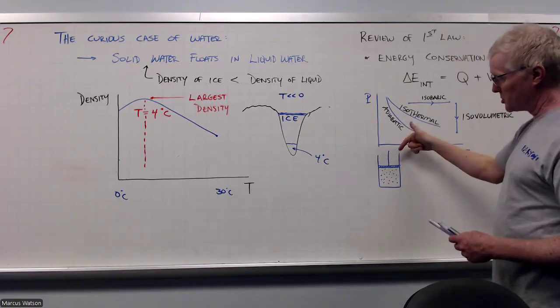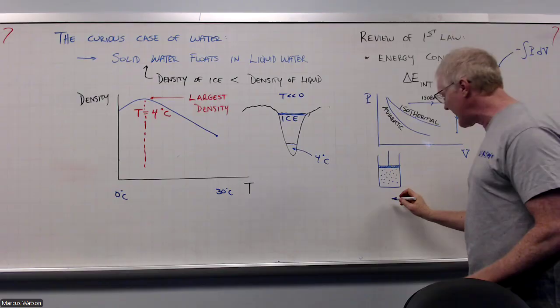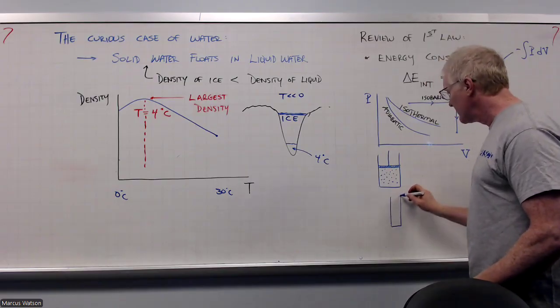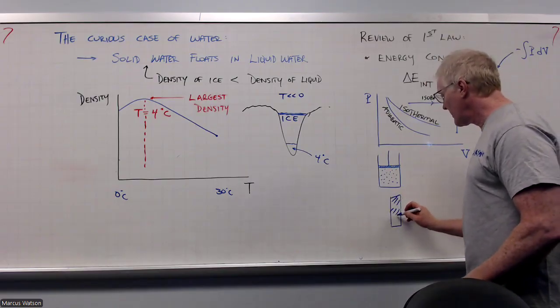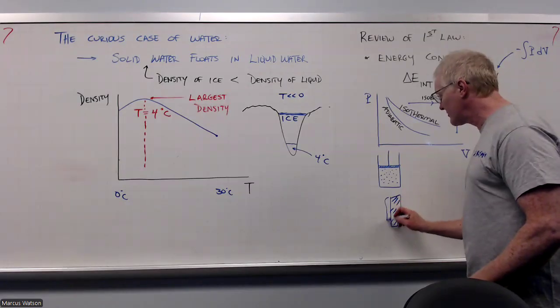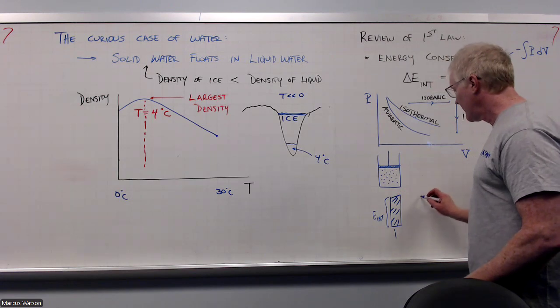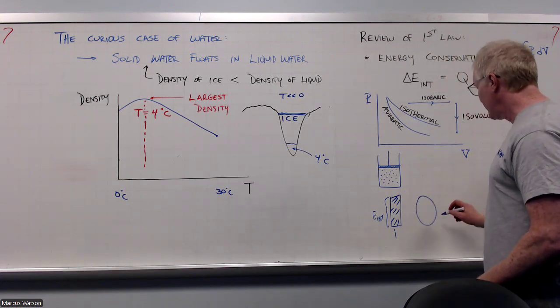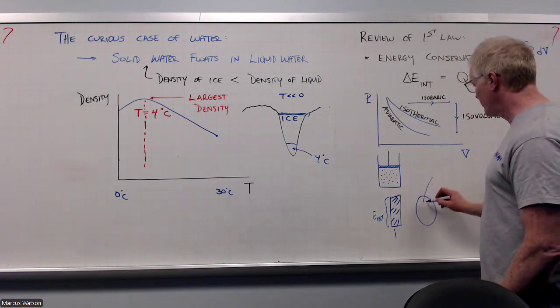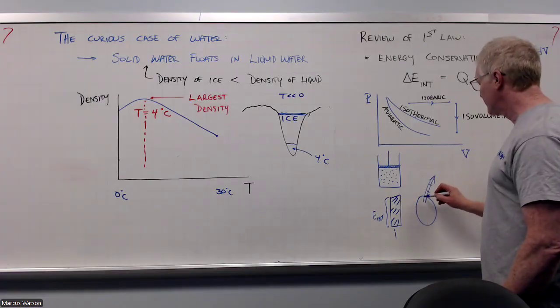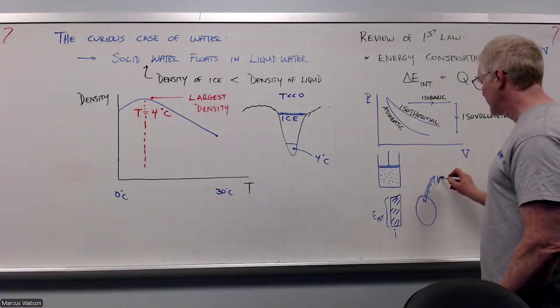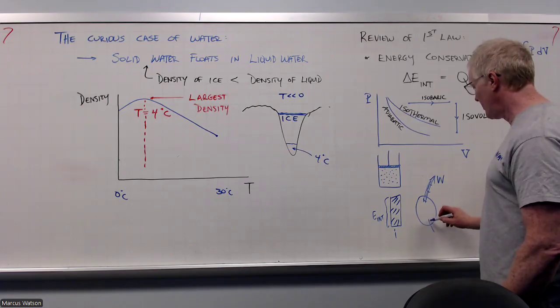So thinking about how to draw the cylinder diagrams as well as the bar charts, where I could say, well, look, I've got some internal energy here in the initial state. I'm going to change that. Some work is going to get done. I'm going to put in a small amount of heat.